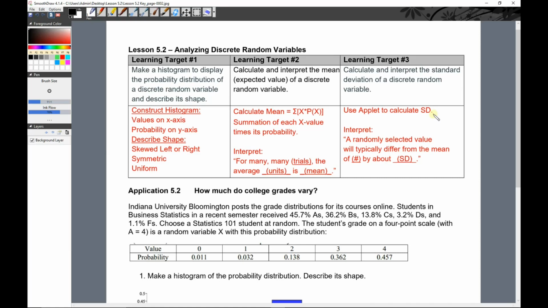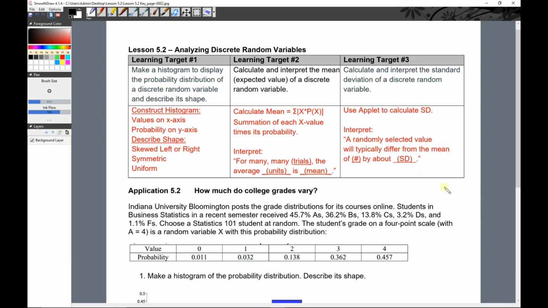The interpretation of it though, once you find it, a randomly selected value will typically differ from the mean of whatever it happens to be by about whatever the value of the standard deviation is. So for Mrs. Gallus, a randomly selected throw of her skee ball will typically differ from the mean of 28.2 by about 8.038, I think was the standard deviation, something like that.